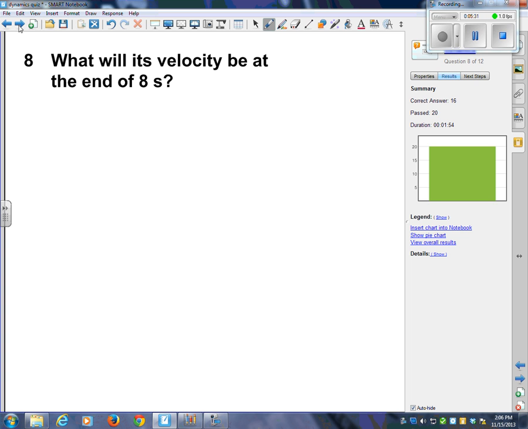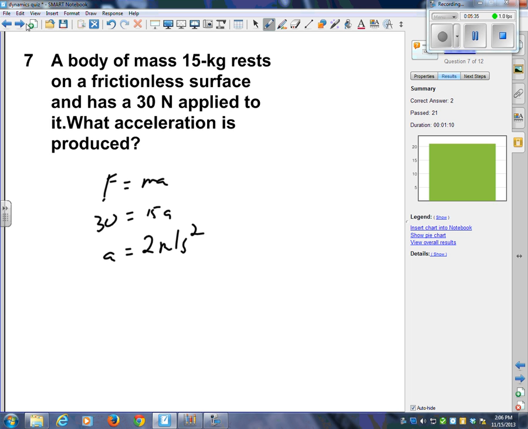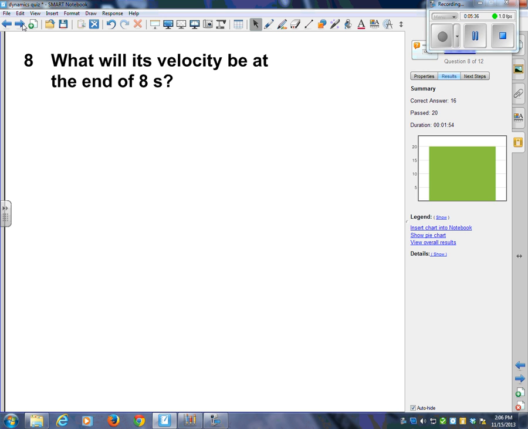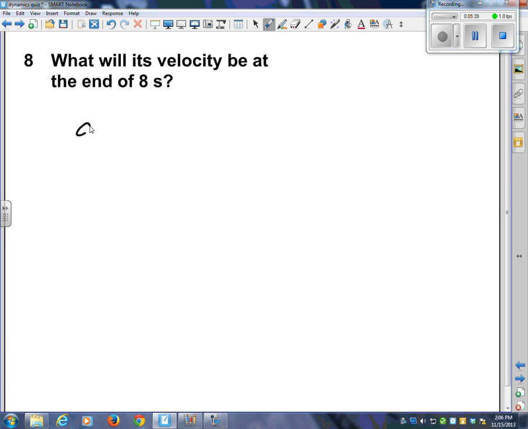What will its velocity be at the end of 8 seconds? What were we given in 7 here? We were given the acceleration. So, given the acceleration, delta V over delta T. Delta V equals 16.